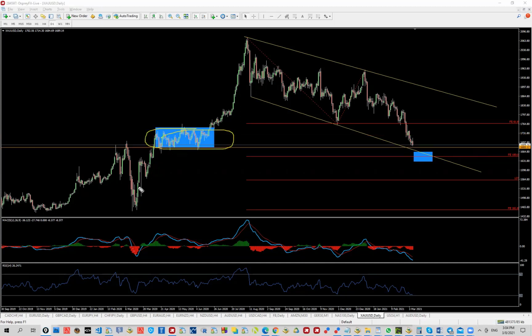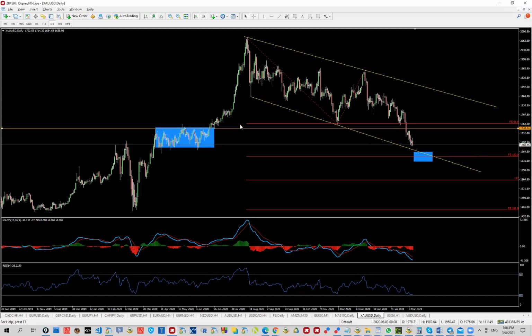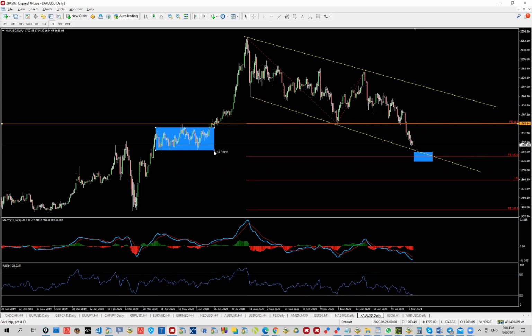First of all, this box right here is the zone, without the extreme points. We can also mark them like this, or mark it as that. But we have this zone here, a very strong consolidation, and this is where we had a lot of volume on the previous move.